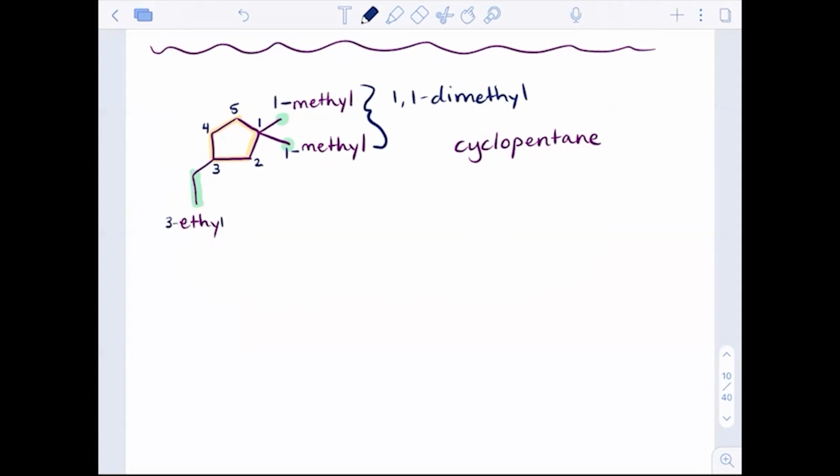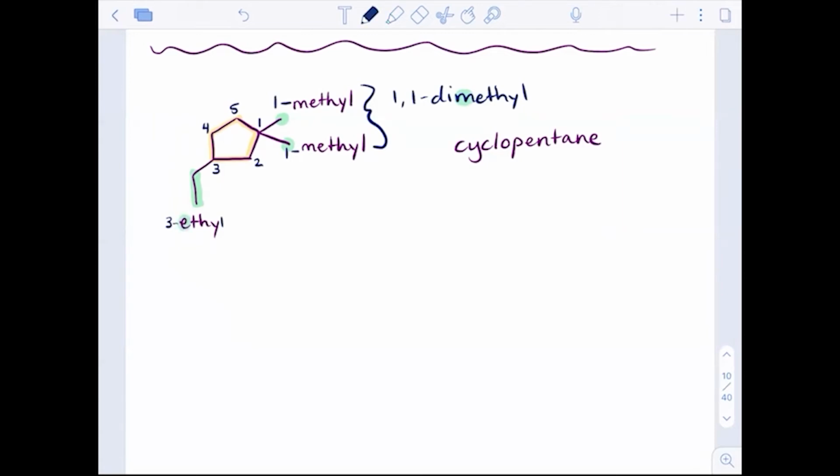We're going to write the substituents first. To assemble the name, we put the number and the name of each substituent before the parent chain in alphabetical order. The prefixes di, tri, tetra, if multiple substituents are identical, are ignored when alphabetizing. So the real thing that I want to use to alphabetize is my M for methyl, my E for ethyl.